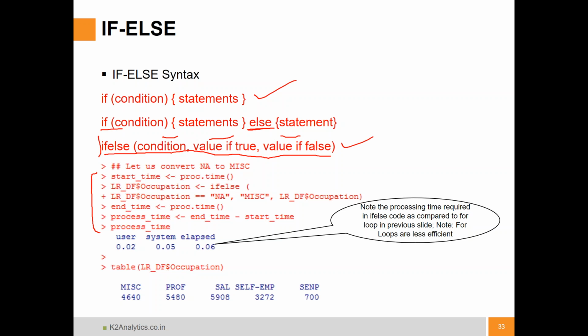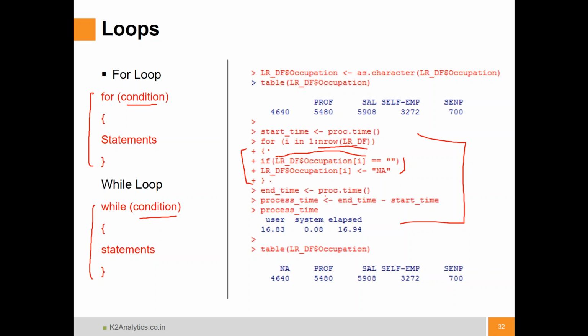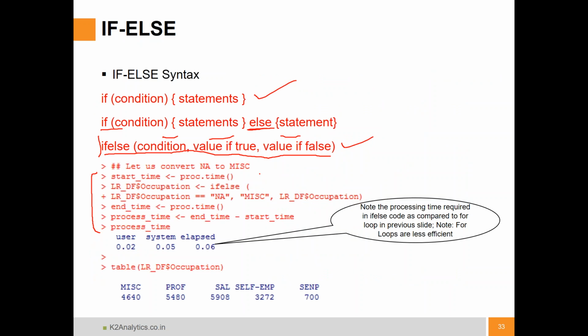In the previous step, I converted for all rows: I found any row which has a missing value, then I converted it to NA. Now here, using if else, this third syntax, if there is any value which is NA, then I'm going to replace it by miss, else I'm keeping the same value.